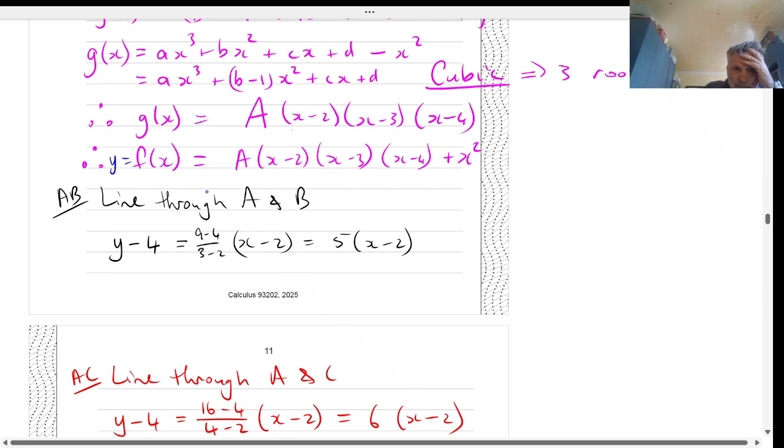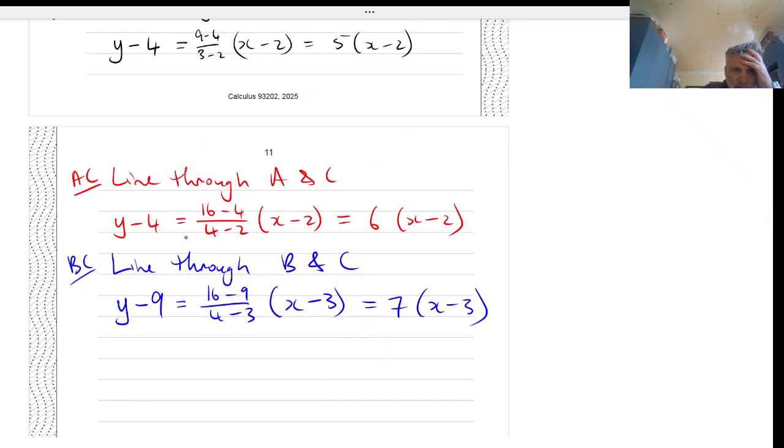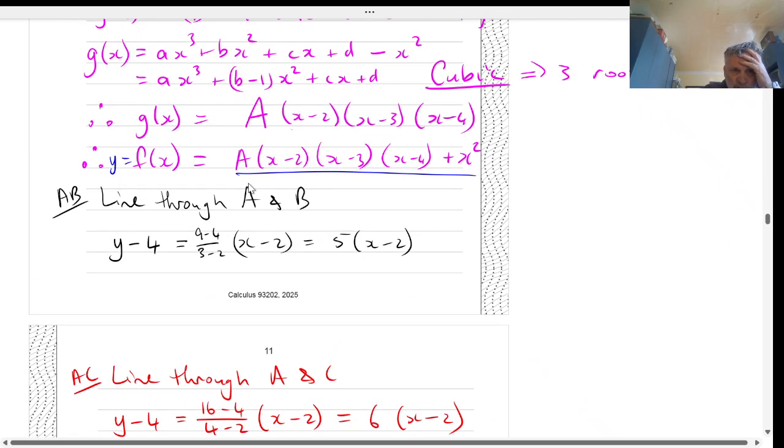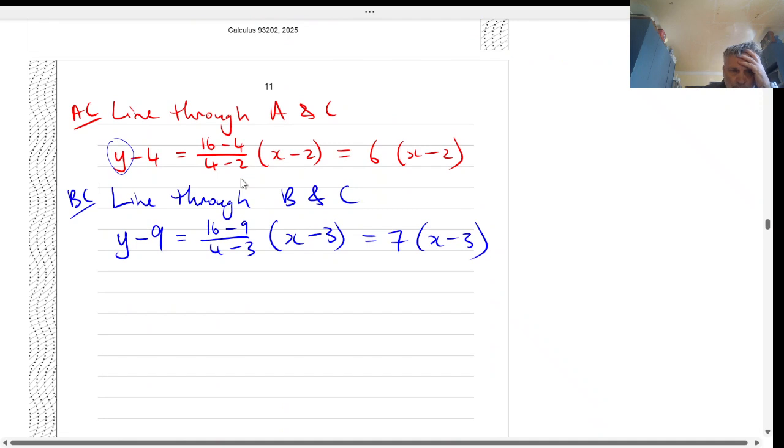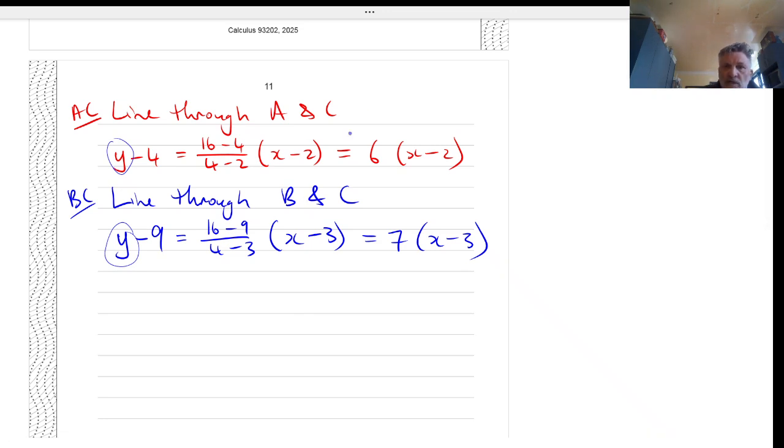So if we substitute this into each of these equations for y and solve those, we will find the points of intersection. So let's have a look at that.